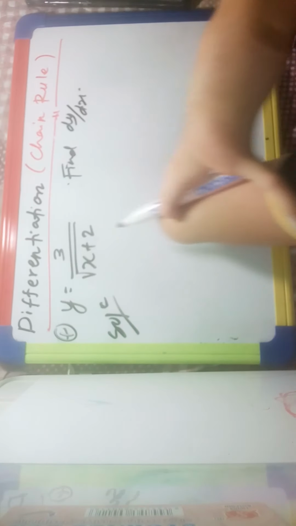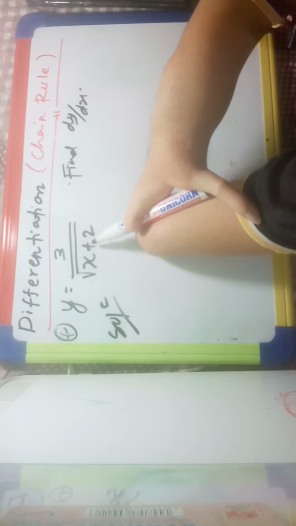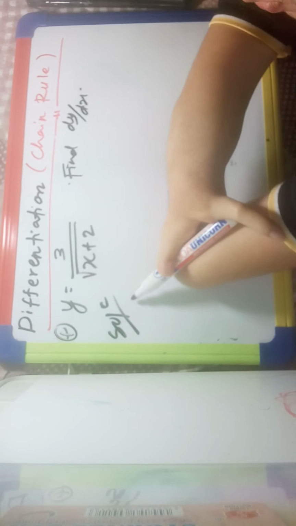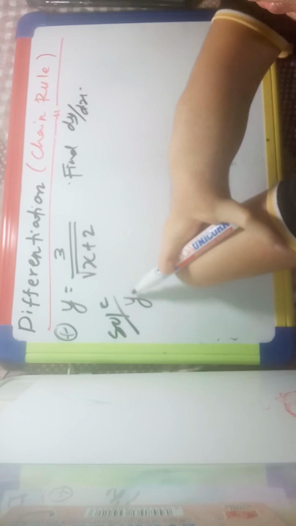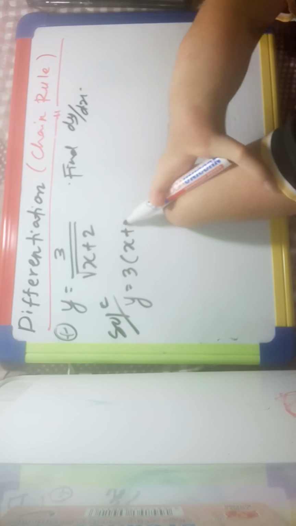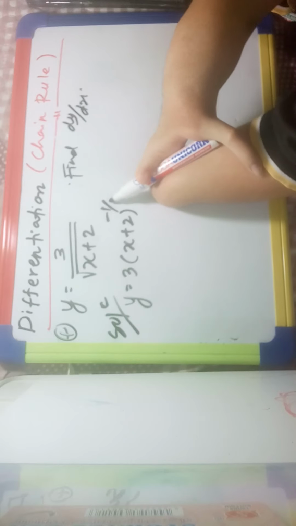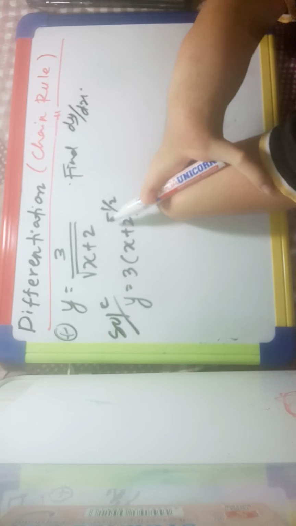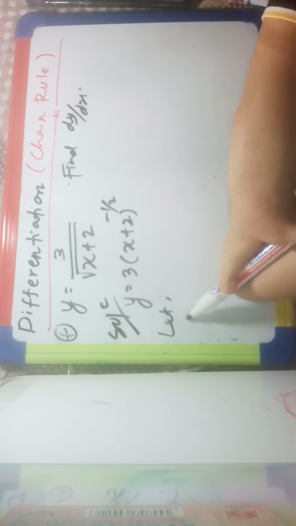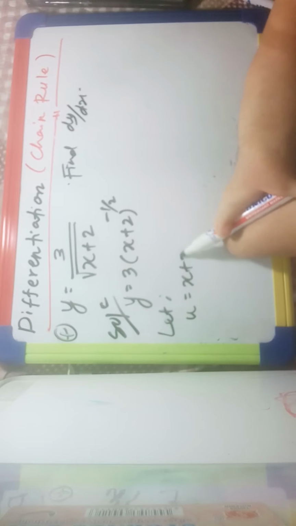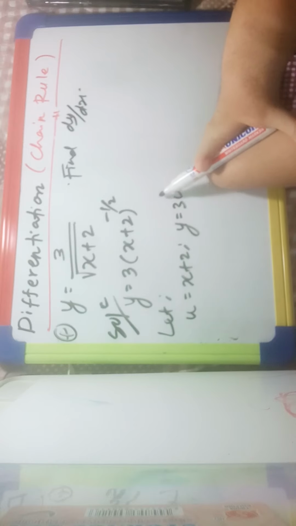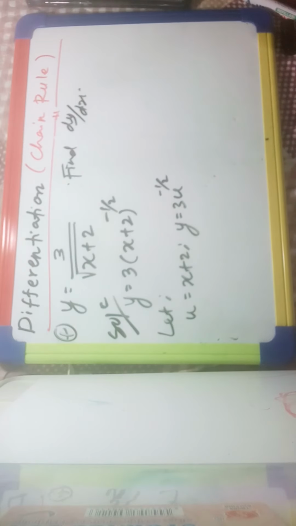Always remember, whenever you have the fraction, bring up the denominator. Okay, since this is the square root, so you can do like this. So y is equal to 3 bracket x plus 2 the power of negative half, because square root meaning power half. Okay, and then we use the assumption, let u equal to x plus 2, and then y equal to 3 u the power of negative half.